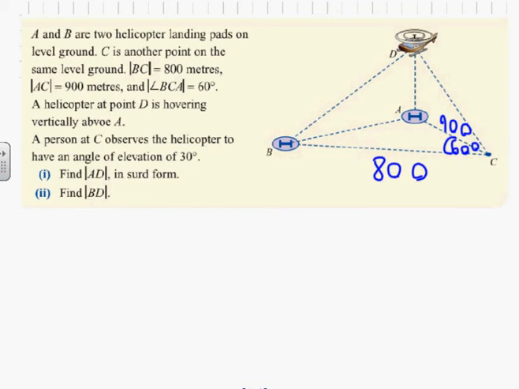So what I'm going to do first is construct a triangle along the bottom here, from this one to this one to this one. Once I have it constructed, I'm going to bring it out.